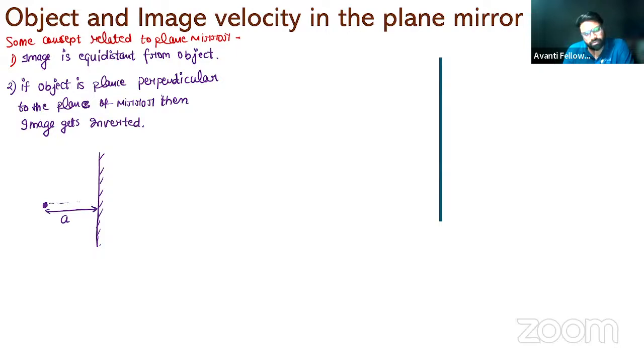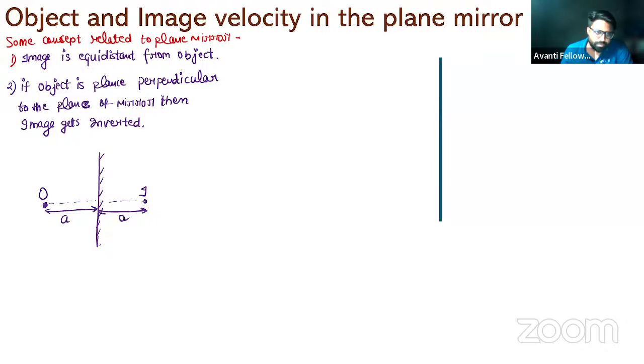So the image will also form at equal distance from the plane mirror but in the opposite direction. This is also a. This is the image, this is the object. Clear? Any kind of doubt in this? Yes or no? Mention it in the chat box, and please utilize this function. You can ask any doubt if you want. You can also unmute yourself and ask.